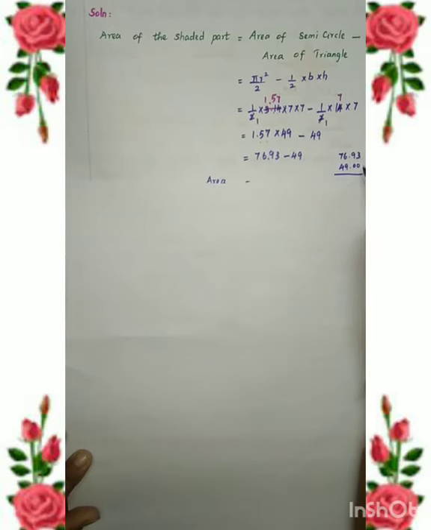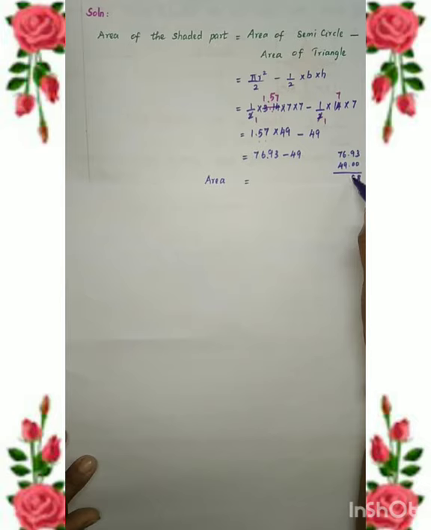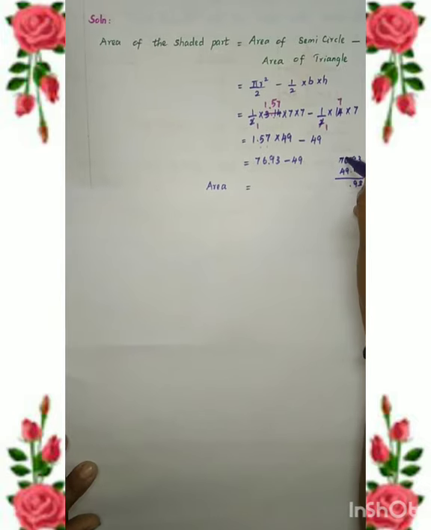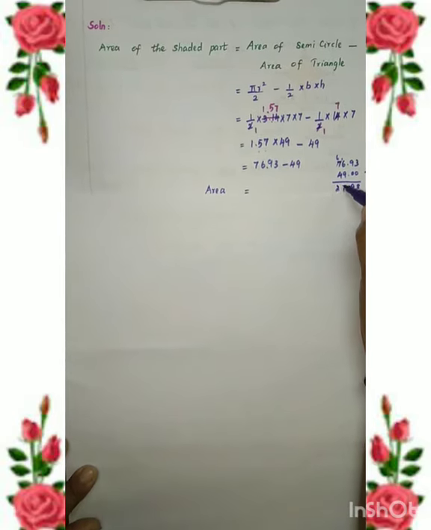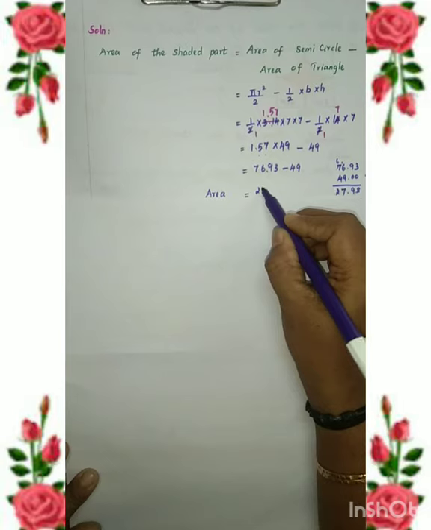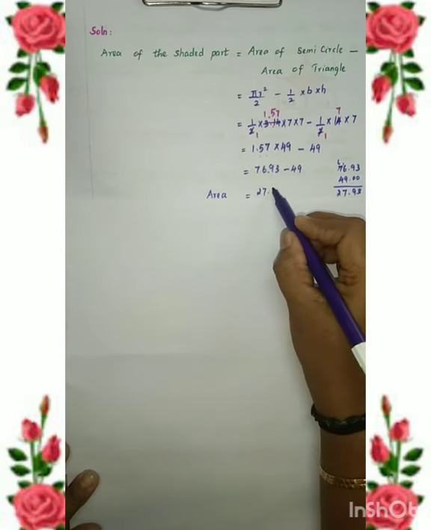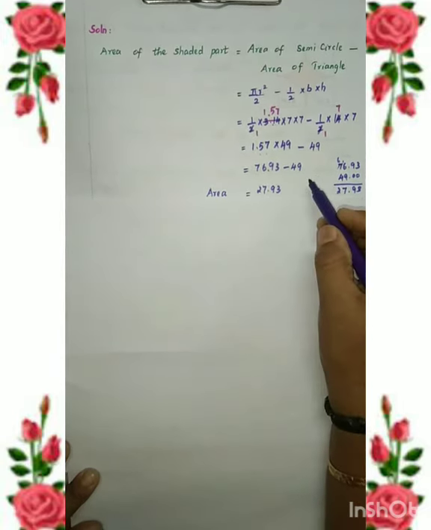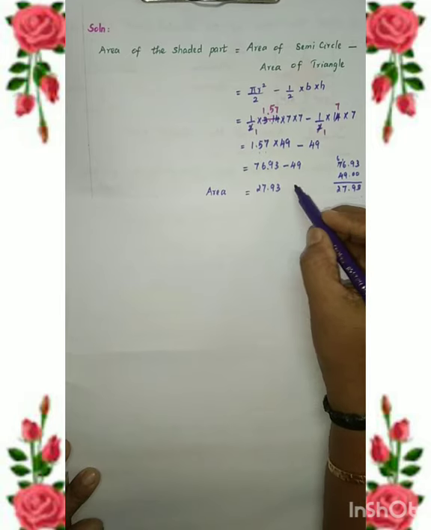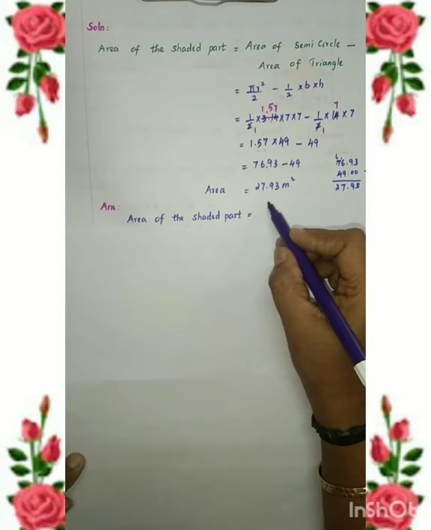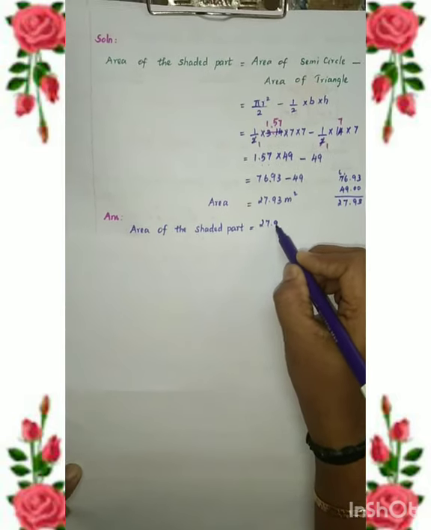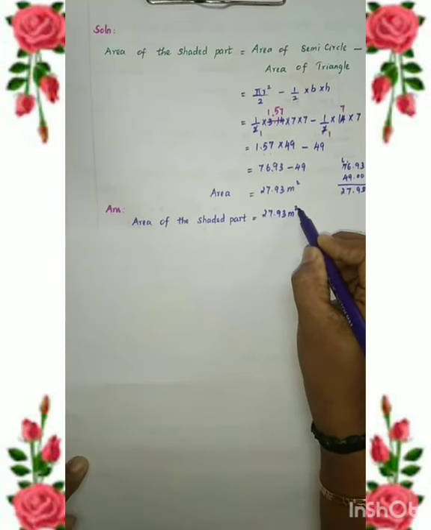Then subtract these two, 3, then 9. Here we can borrow 1, so 16, this will be 6. 16 minus 9 is 7. 6 minus 4 is 2. Therefore, 27.93 meter square. Therefore, area of the shaded part is 27.93 meter square.